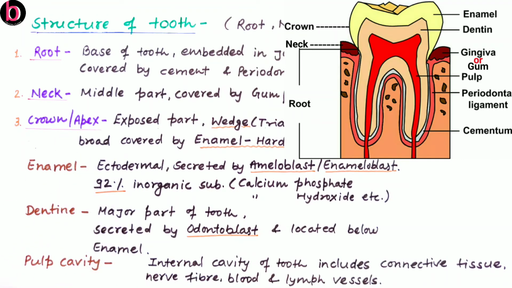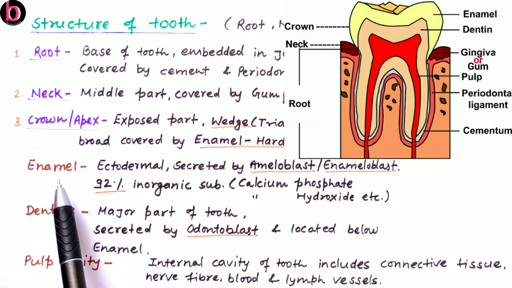In the crown, what are the parts? These are given here. The crown is made of enamel and dentine, and there is also a portion towards the root known as the pulp cavity. First, enamel. It is also ectodermal in origin, and enamel is secreted by specific cells known as ameloblast or enameloblast cells.